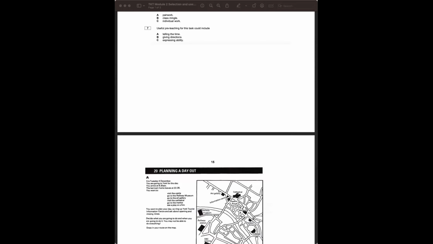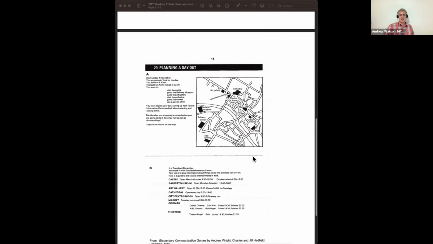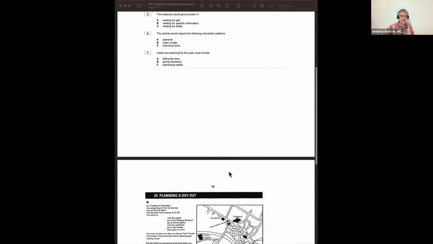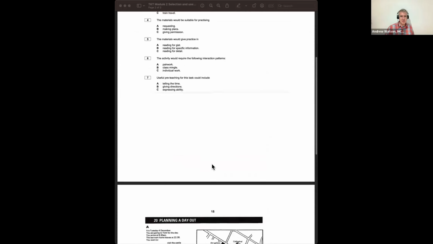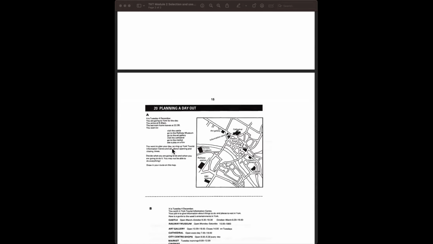But don't you need those to do the task? You need to be able to give directions, don't you? To do this task, you may have to review telling the time, right? So that would be needed.